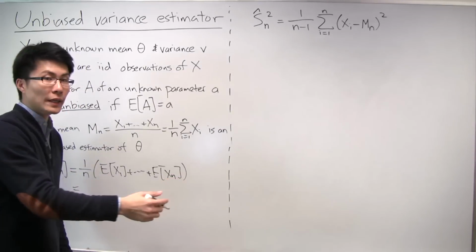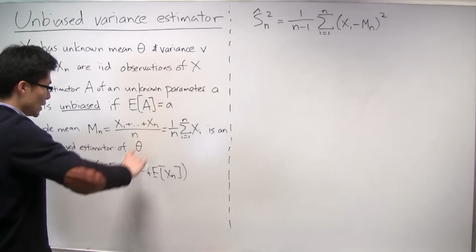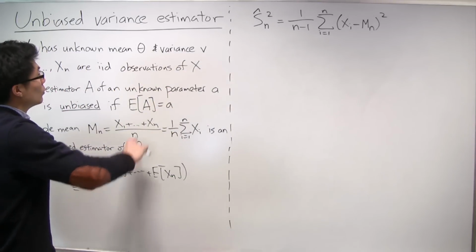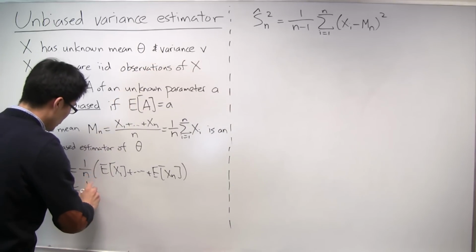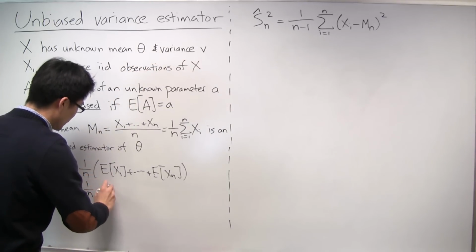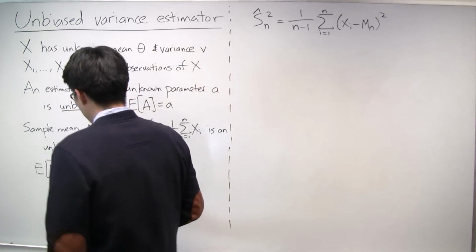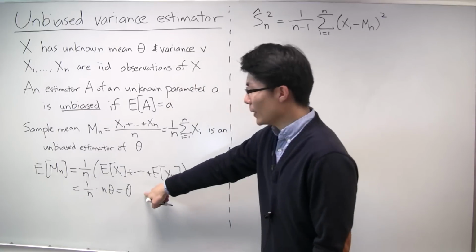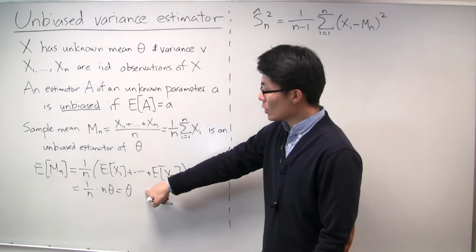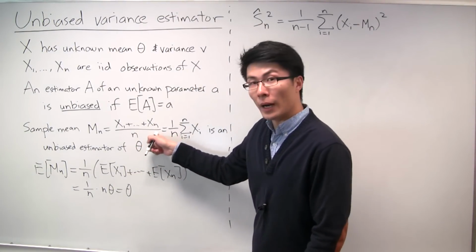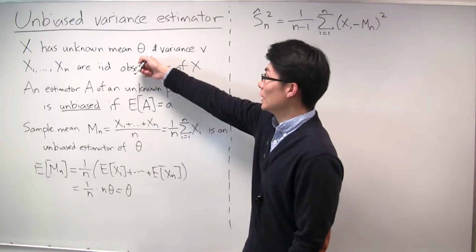Because x1 through xn are all IID observations of x, they all have the same mean, which is theta. And so it's 1 over n times n copies of theta, which gives you that the expectation of mn is in fact equal to theta. And so we've shown that this is an unbiased estimator of the mean.